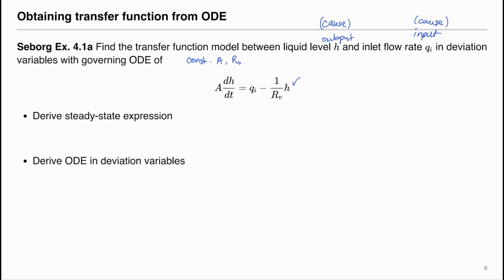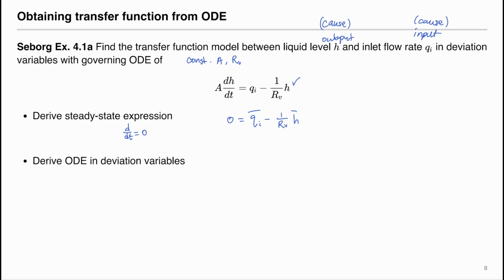Okay. So first, we want to find the steady state expression, the steady state ODE. So steady state means that d/dt is 0, and everything is at nominal steady state value. 0 equals Q of I minus 1 over RV H. All inputs and outputs are at steady state, so give them a bar.